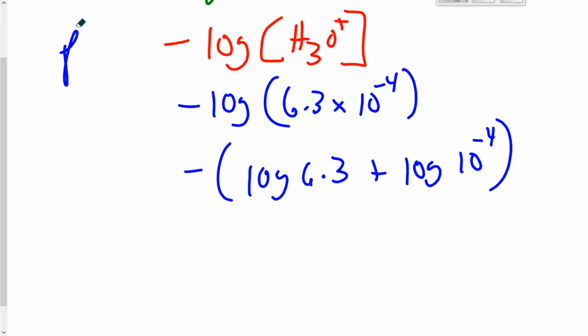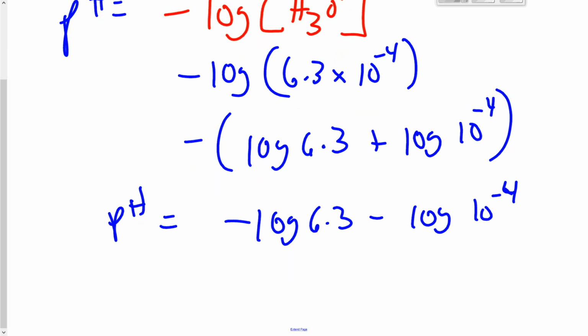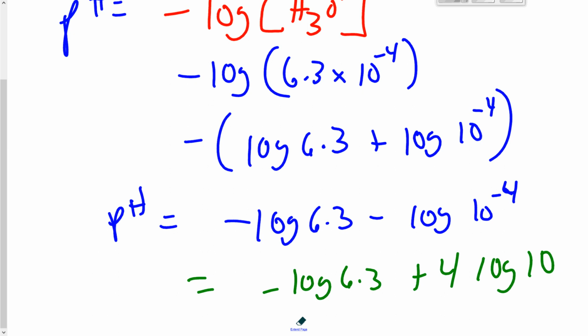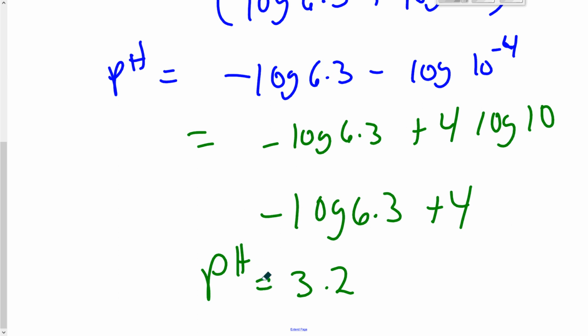Now we can go ahead and remember this pH. I'll just go ahead and distribute that negative. Once you do these you can do most of these all in one fell swoop. So it becomes a positive 4 because we're using the power property, and log of 10 equals 1. So I get negative log of 6.3 plus 4, and that's going to be approximately 3.2. So our pH level is approximately 3.2.